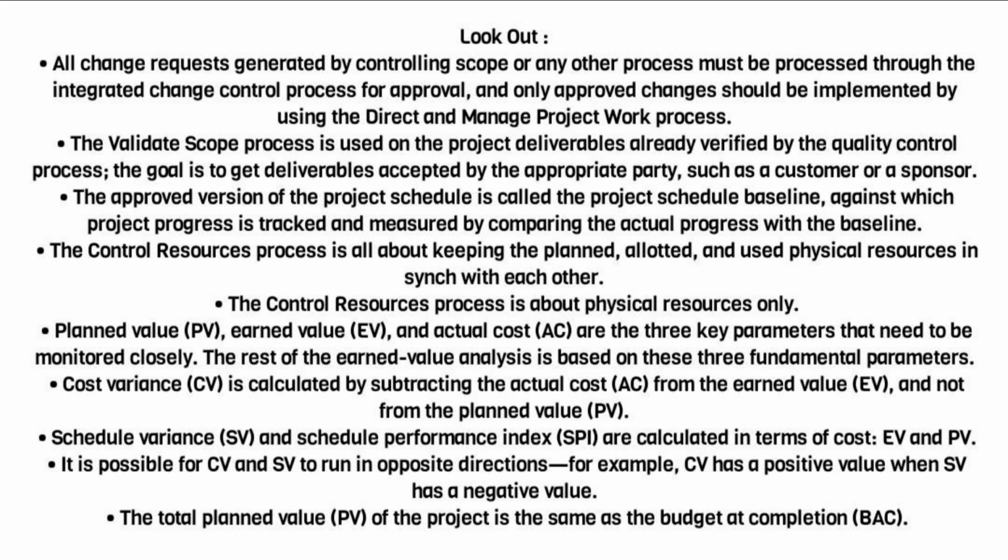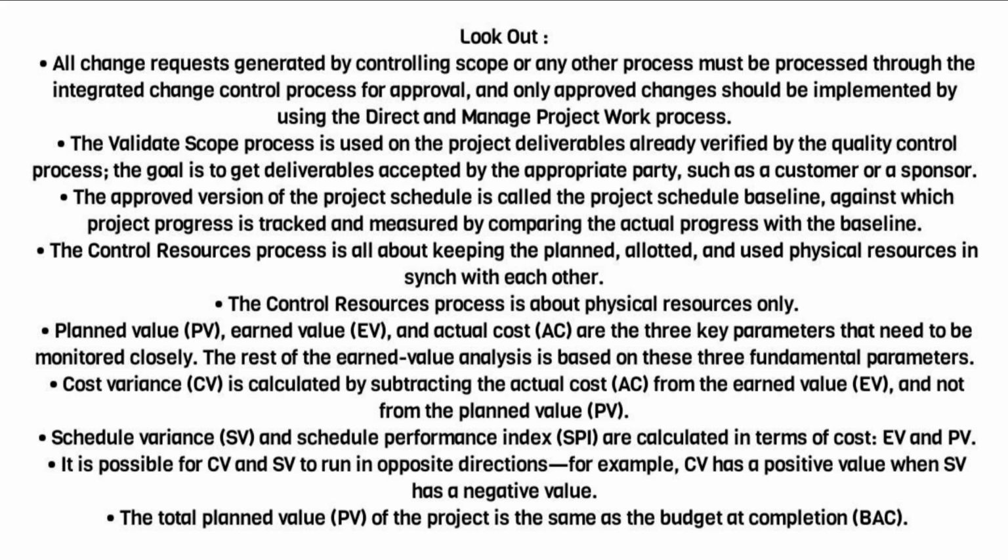Planned value, PV, earned value, EV, and actual cost, AC, are the three key parameters that need to be monitored closely. The rest of the earned value analysis is based on these three fundamental parameters. Cost variance, CV, is calculated by subtracting the actual cost, AC, from the earned value, EV, and not from the planned value, PV.